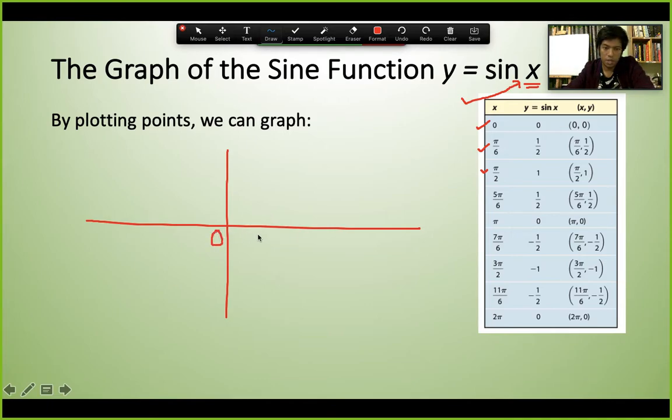Suppose you start from 0 degree here, then let's say this is your pi, and this is your 2 pi. Then this is pi by 2, and this is 3 pi by 2.